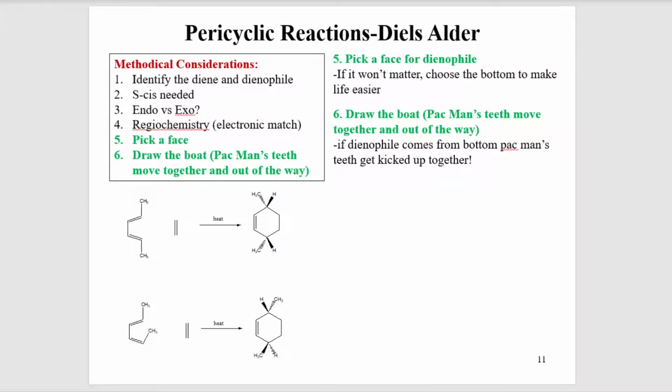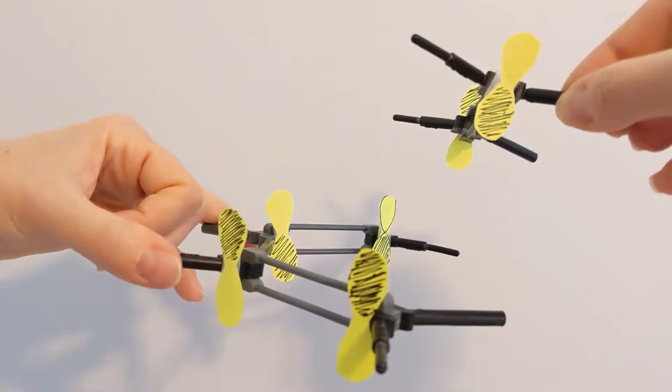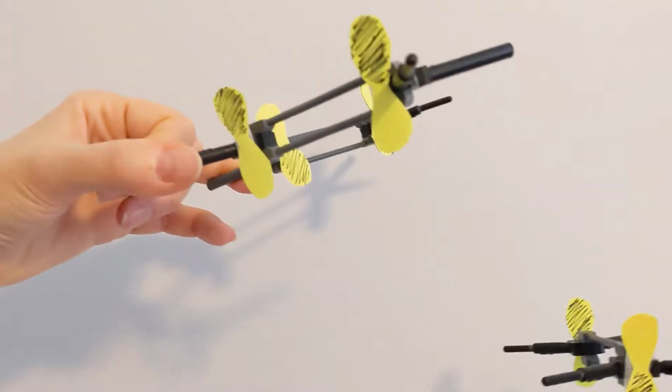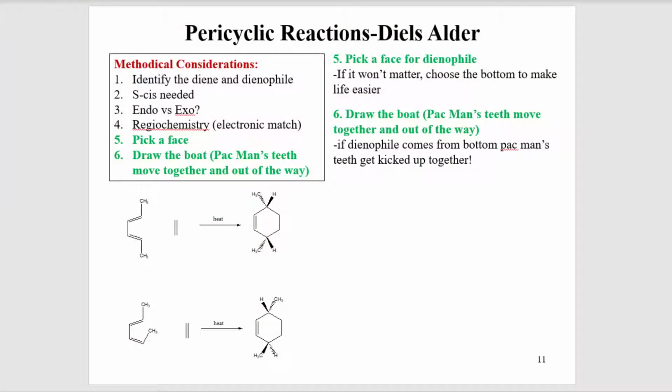Okay, our last two considerations when we're doing a Diels-Alder reaction involve the facial attack of the dienophile, like the top face versus the bottom face. And then lastly, what the stereochemical outcomes are at positions that are prochiral. What's prochiral?